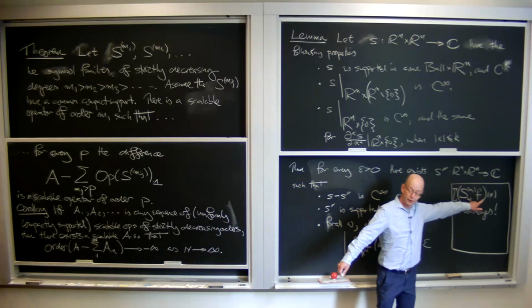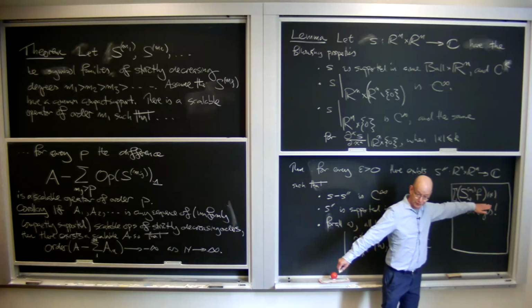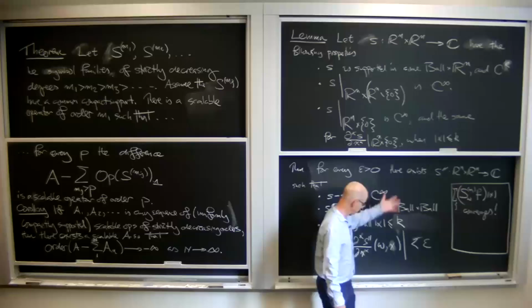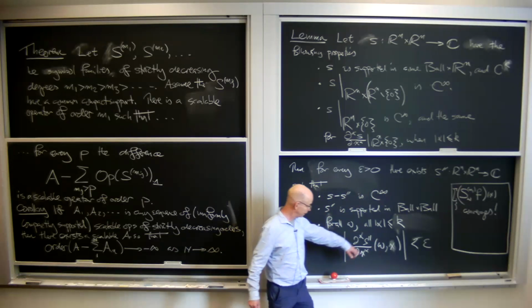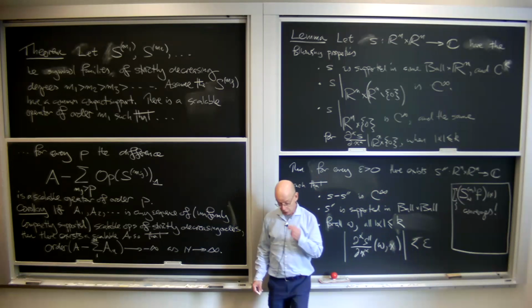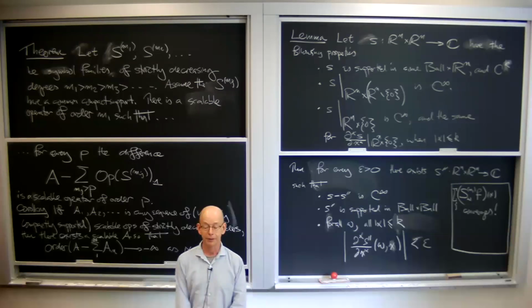A applied to a function f, evaluated at a point x, will be this sum, which will converge, definitely, if you believe this recipe, and if the epsilons have been chosen one at a time for j equals 1, 2, 3, 4, 5, and so on, in such a way that the epsilons converge. So for example, choose epsilon to be 2 to the minus j.